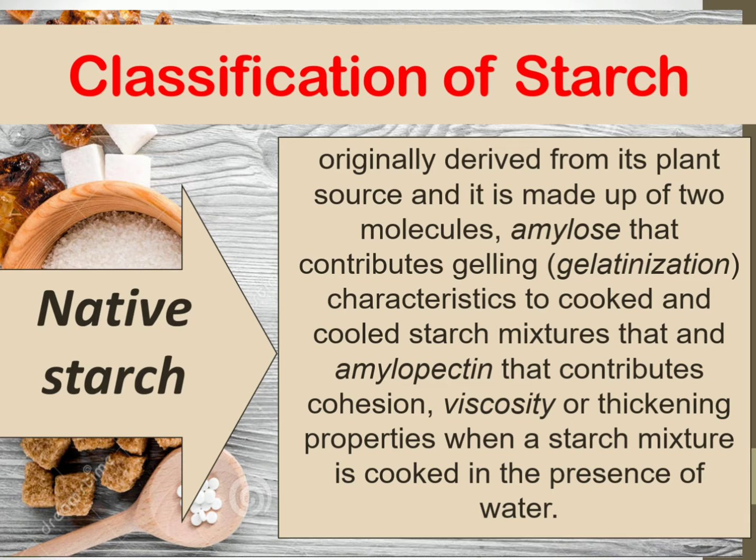It is originally derived from its plant source, and it is made up of 2 molecules: amylose, that contributes gelatinization, and amylopectin, that contributes cohesion or viscosity or thickening properties when a starch mixture is cooked in the presence of water.